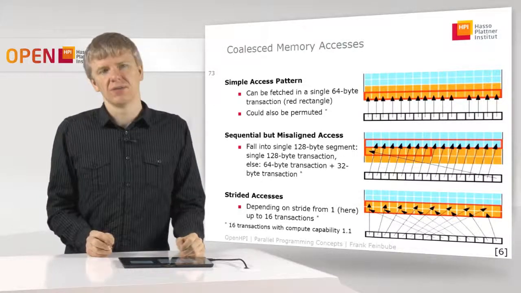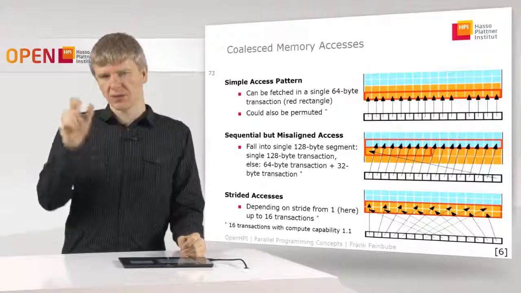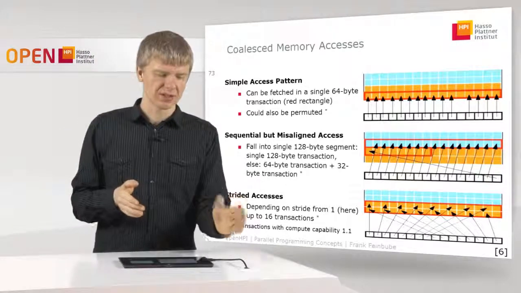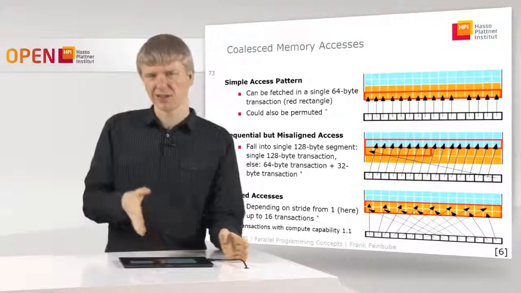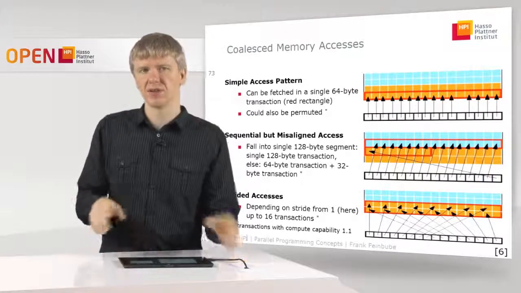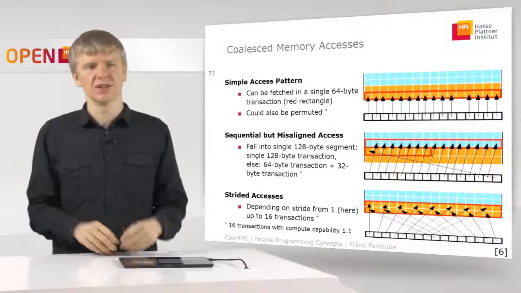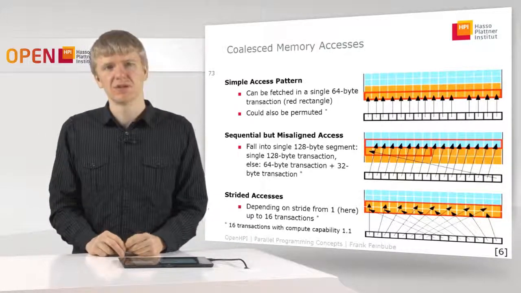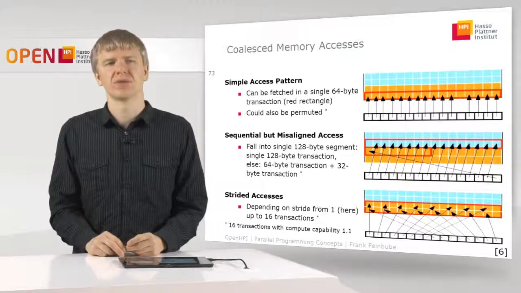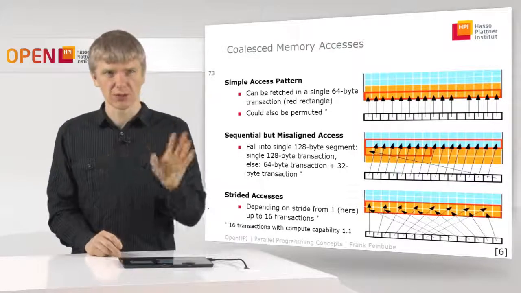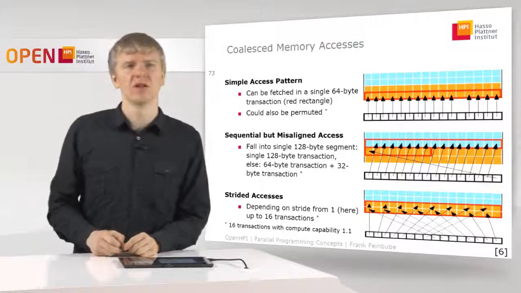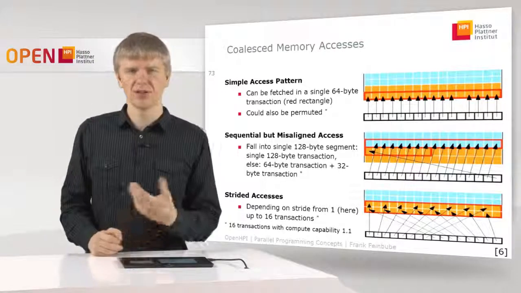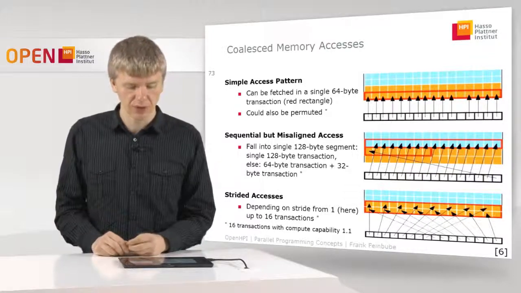And you could also have spare parts that you are not accessing in the memory, where the first thread is accessing the first cell and the second thread is accessing the third cell, and you have those spare parts in it. This is good again today, but it was very bad in the past. And if you work with old GPUs, you should think about all those memory coalescing problems, and they are all in the guidelines, so there's a good understanding of what you can do here. But for modern GPUs, it's not that hard anymore.